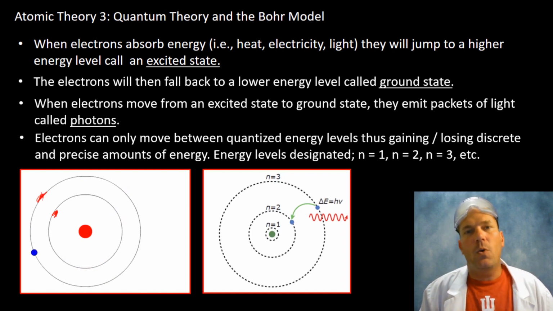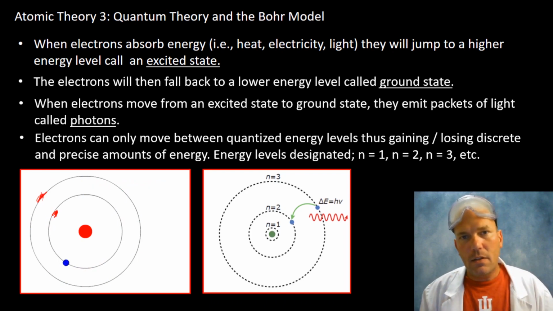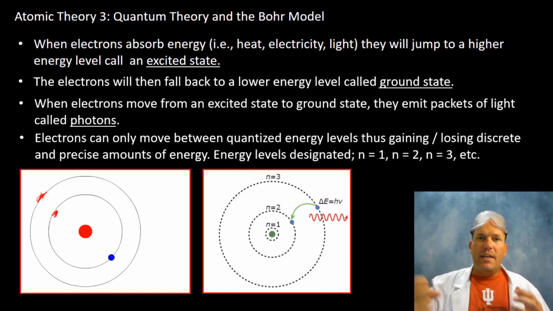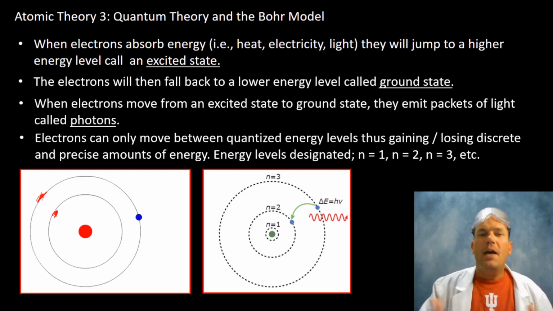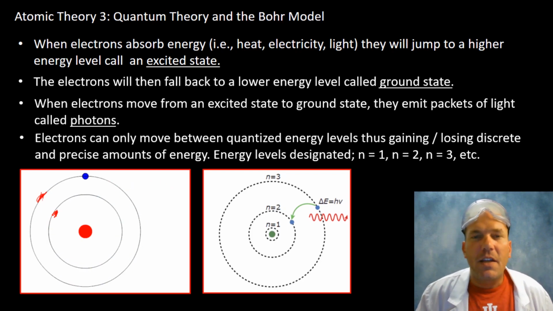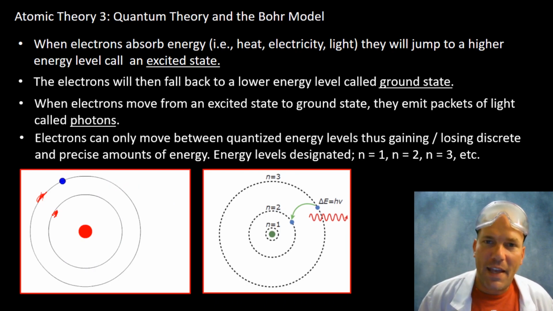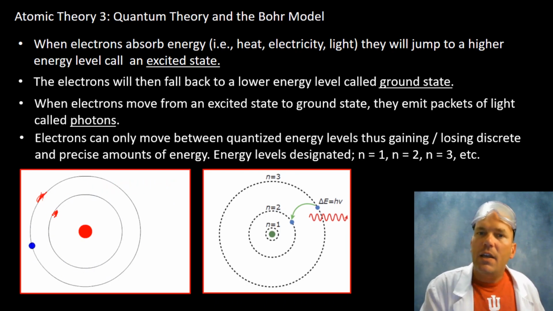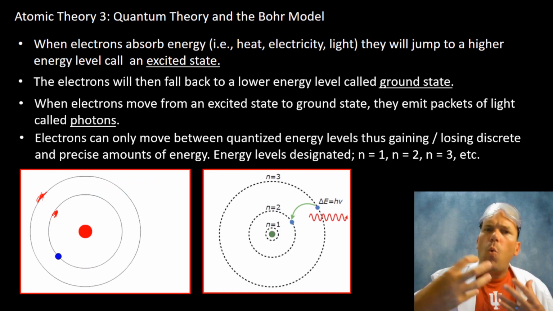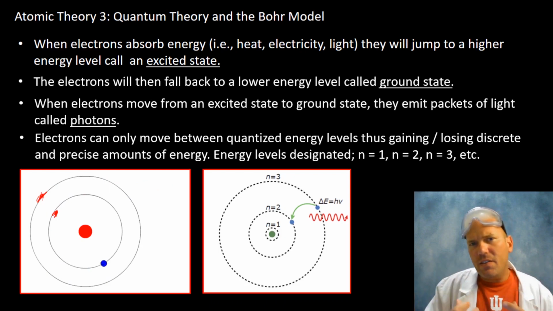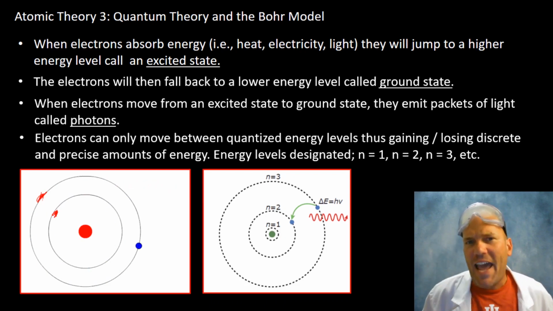This means they can only gain or lose these discrete, exact, precise amounts of energy. This form of energy is known as quantized energy. Now, going back to Max Planck, he called those packets quanta, okay?